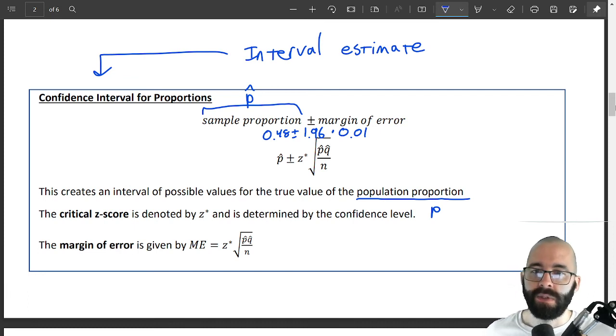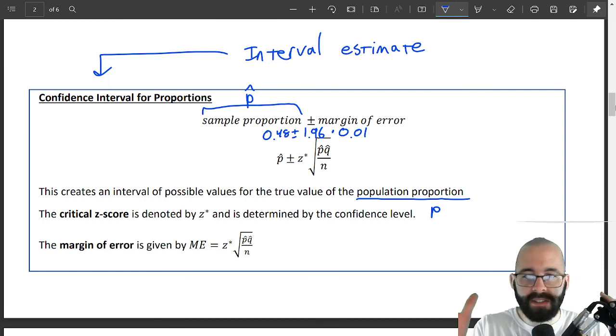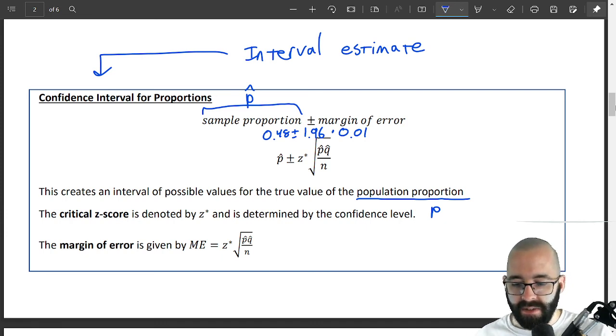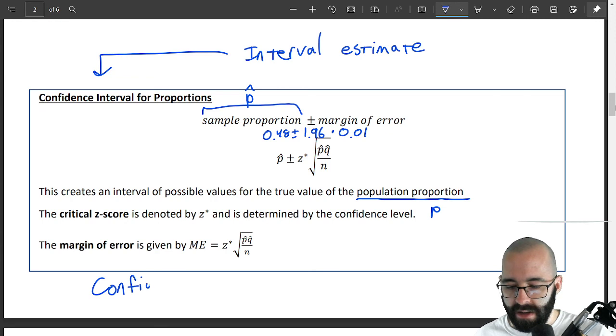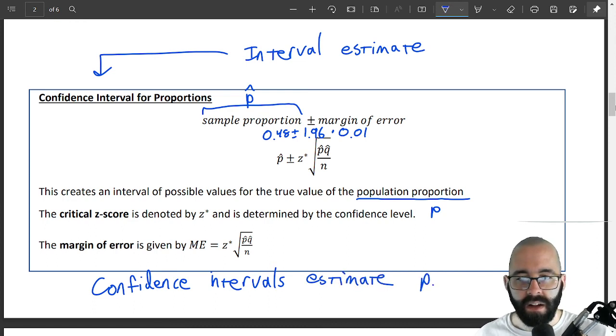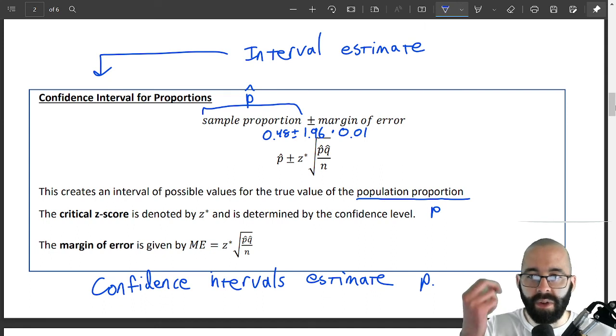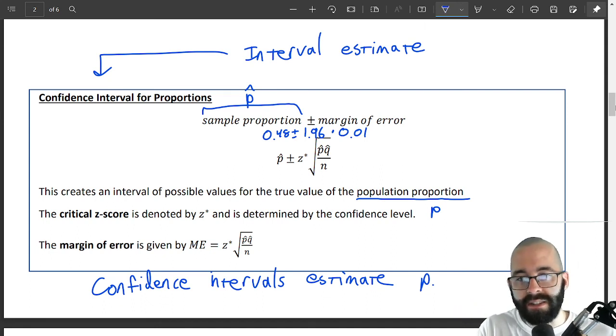Okay. So to kind of summarize, confidence intervals estimate p. Just like p hat, they're both ways of estimating p. P hat is estimating it with a point from a single sample, and a confidence interval estimates that true population proportion with an interval.